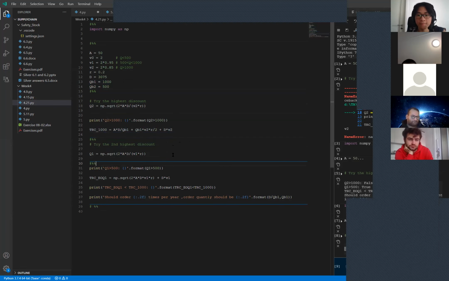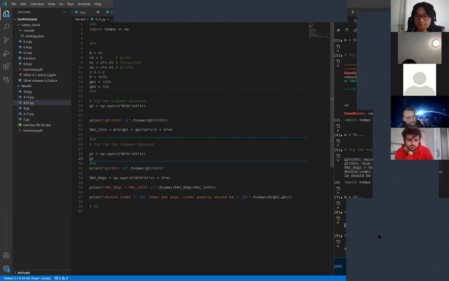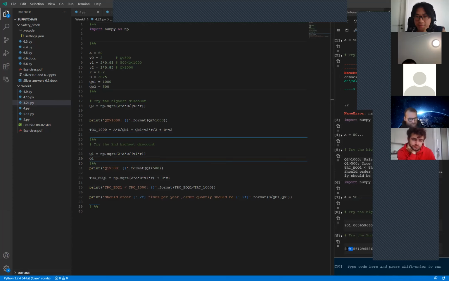We calculate it, and we see it's 899. And as you can see, it's less. That's what we discussed. We are expecting this. But also, we see that it's above 500, which basically says that we're not considering the base case anymore, right?